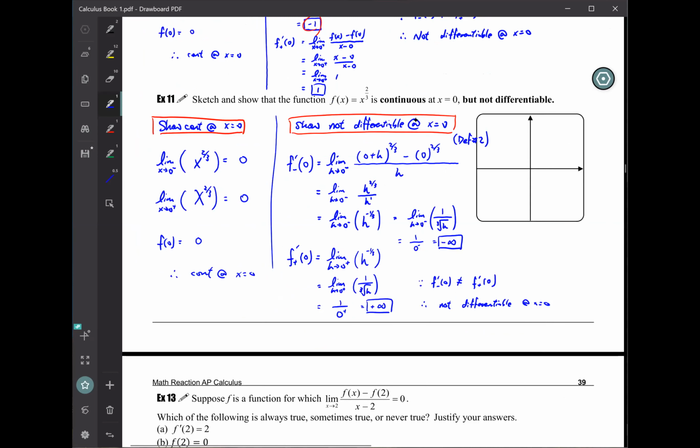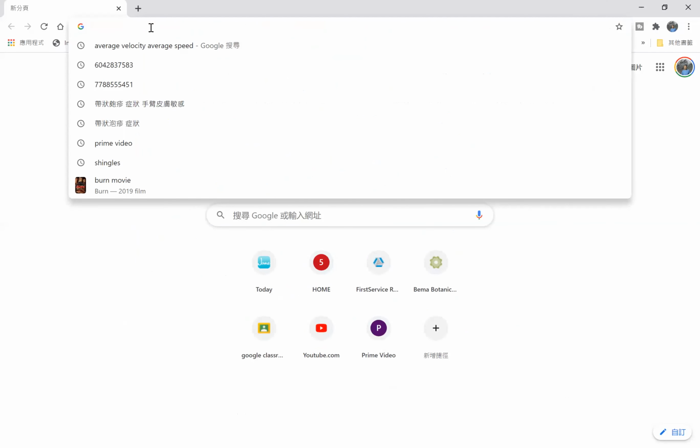Okay, so let's see what graph we have here. I'm going to share a different screen to show you the graph. Here, I'll type in, use the decimals.